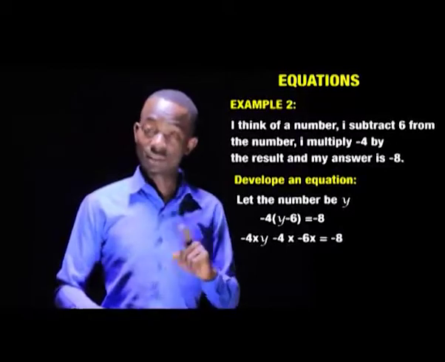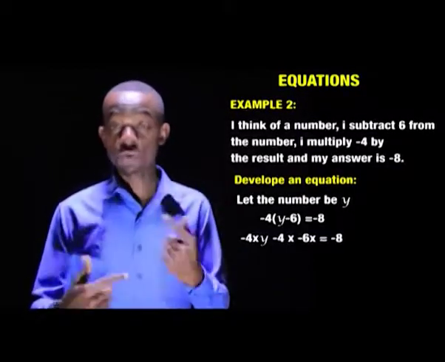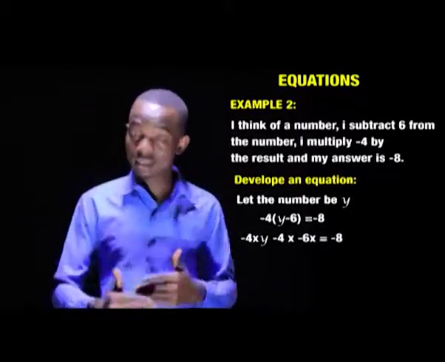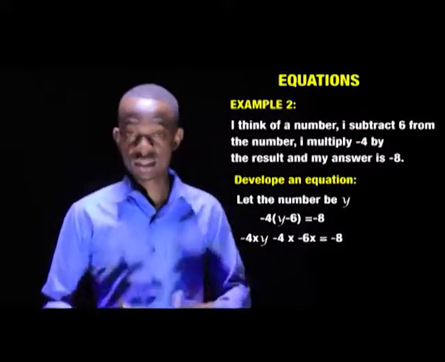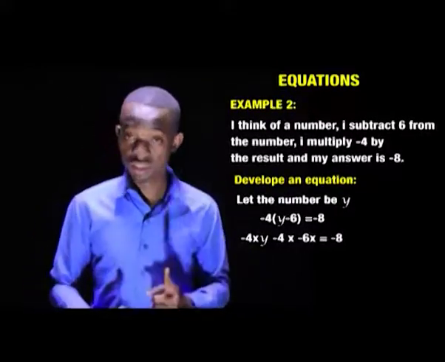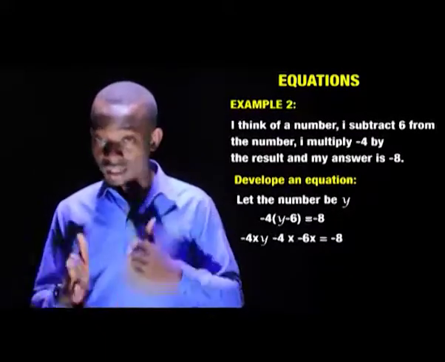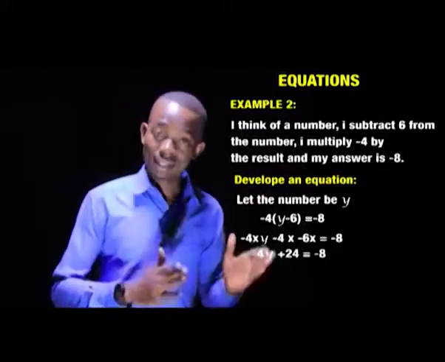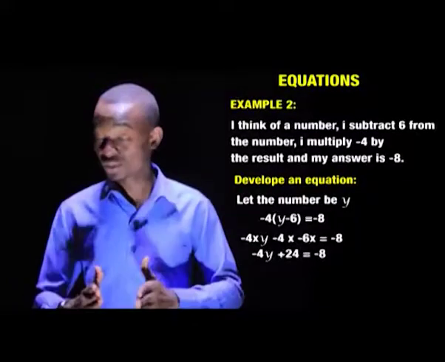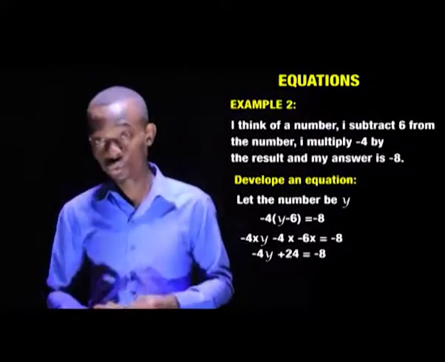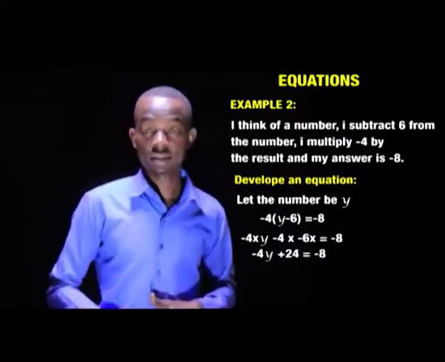Negative 4 times y gives negative 4y. Negative 4 times negative 6 gives positive 24. So on my left hand side, I have negative 4y plus 24 is equal to negative 8.